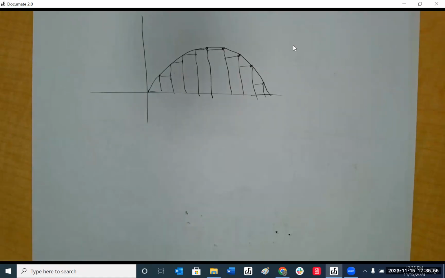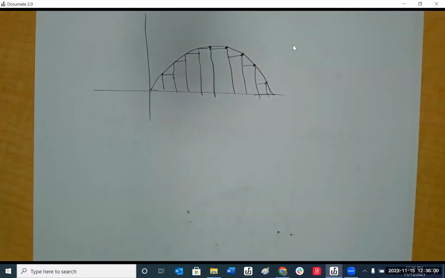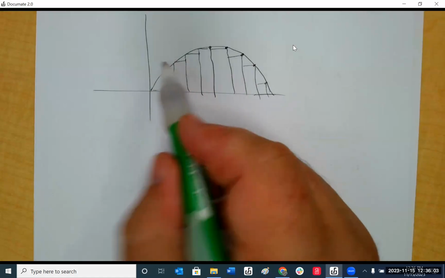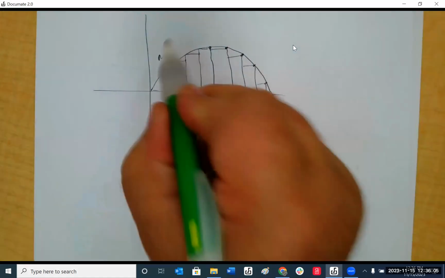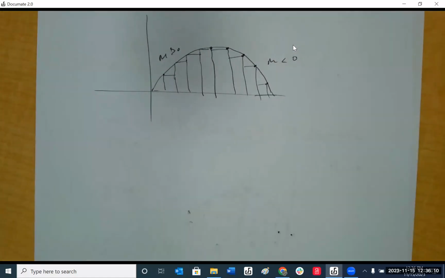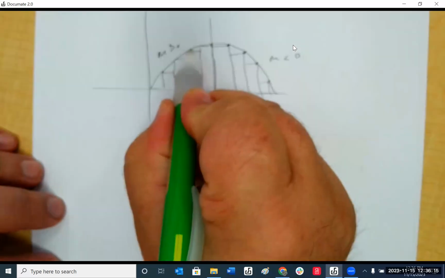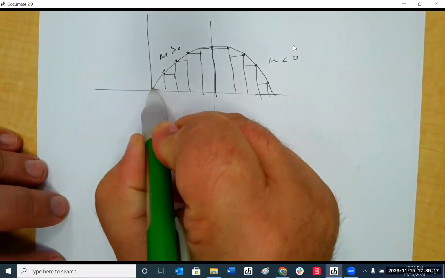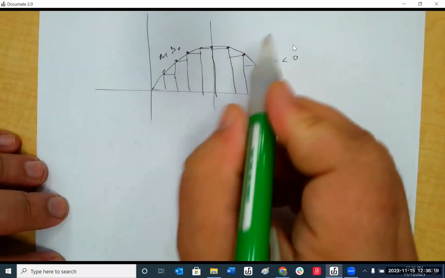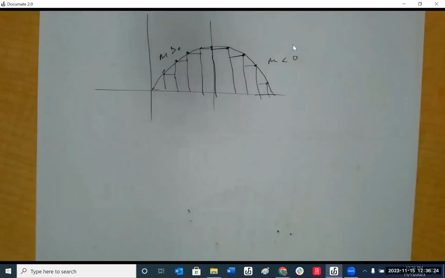Because if you ever have an area that you're looking for that's in a closed curve like that, where on one side the slope is positive, and on the other side the slope is negative, and both halves are equal, then we always have to keep our areas inside. That's what you have to look out for. And that's why you can't just plug it in the calculator or computer and just hit enter, because you have to look at the graph as well.